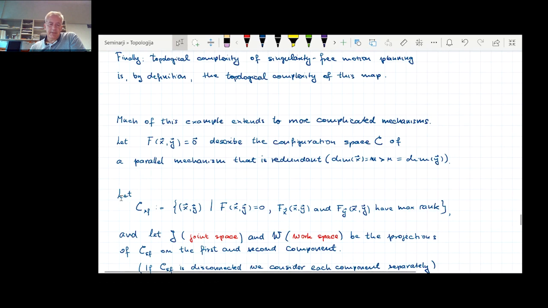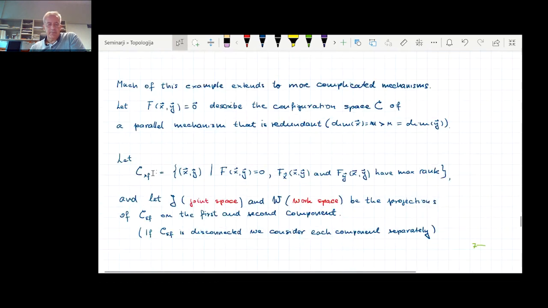And then I define the singularity-free configuration space as a subspace of this C, consisting of points where the two matrices, so the derivative of f with respect to the input data and to the output data, have maximal rank.